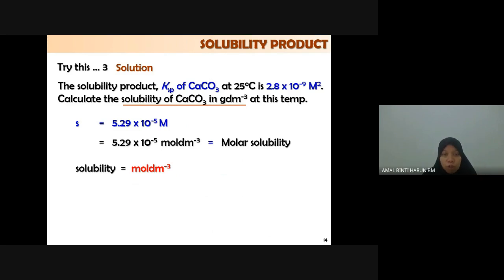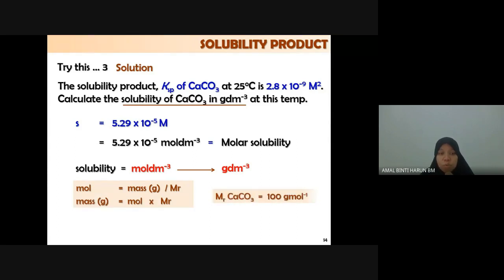Tapi kita nak tukar solubility kita sekarang ke bentuk unit yang lain iaitu gram per dm cube ataupun gram per liter. So sekarang mol kepada gram, apa yang kita perlu buat adalah times molar mass. Okay. So mole need to times by molar mass so that we can get the molar mass of calcium carbonate is 100 gram per mole, and then we multiply the solubility which is the mole with the molar mass.